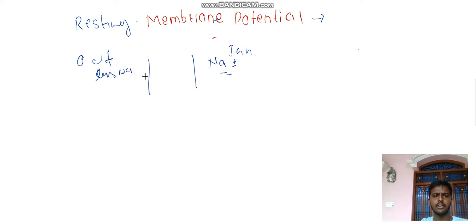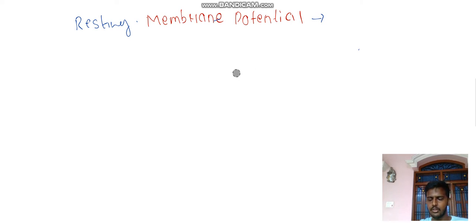So what will happen is the efflux of sodium ions toward the outer side of the cell membrane and the influx of potassium ions. So we are going to see the resting membrane potential.